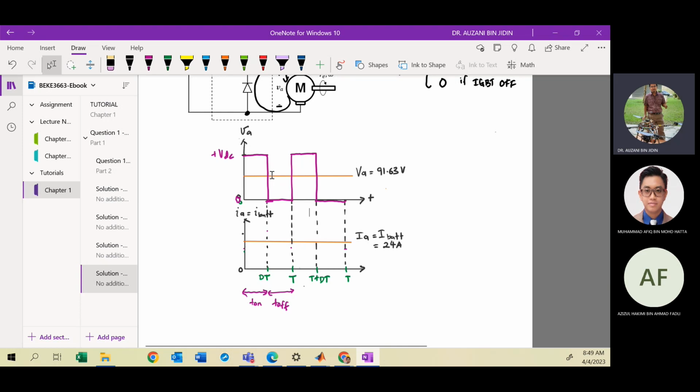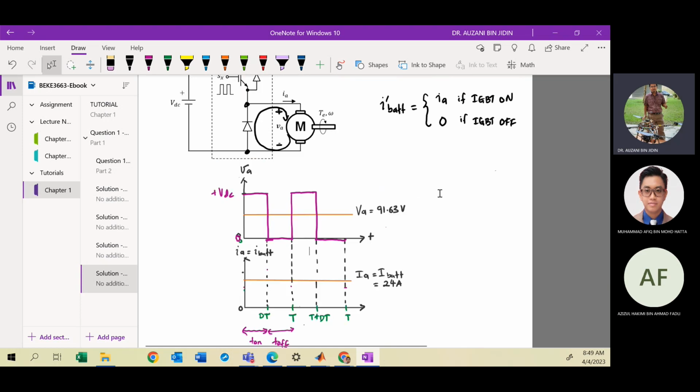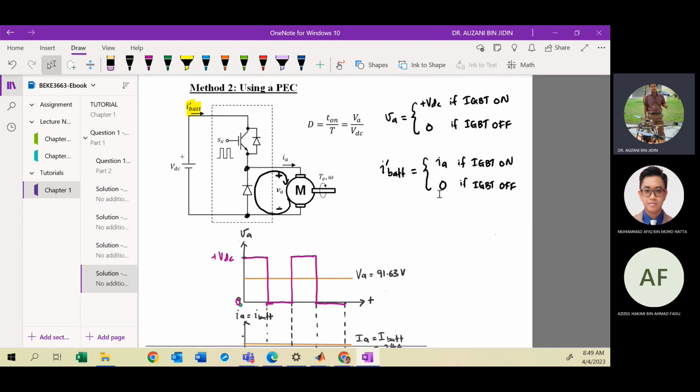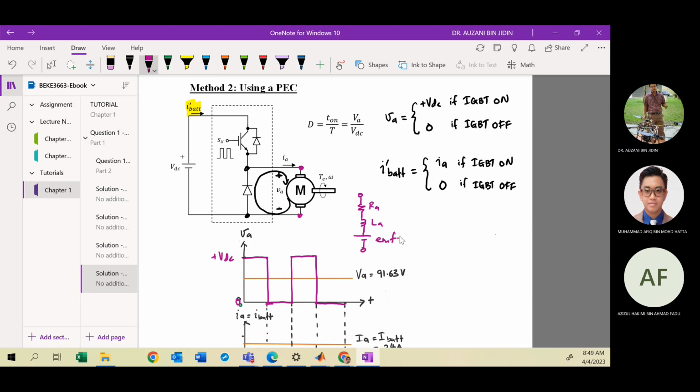Okay, this is the VA waveform. So for IA, remember your motor is the inductive load, because across these two terminals you will have the RA, armature resistance, armature inductance, and EMF. Due to the inductive load, the current flowing through the motor cannot instantaneously change.